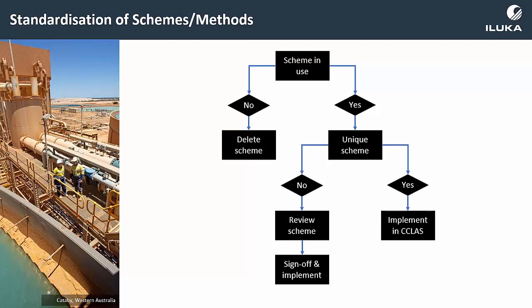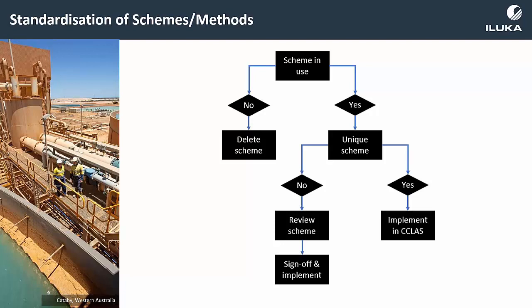For schemes that were common, for example XRF, we reviewed the scheme itself and the analytes included, we agreed between the three laboratory managers what the final scheme would look like, and once we had that sign off, we implemented it.